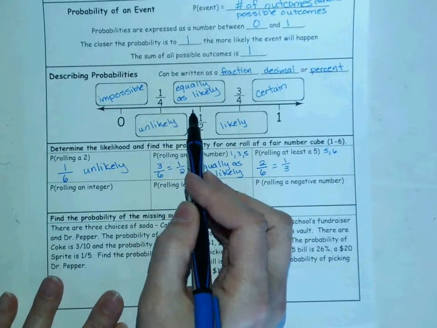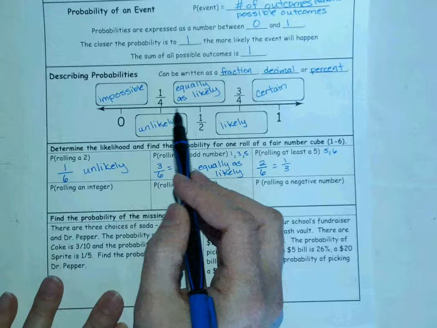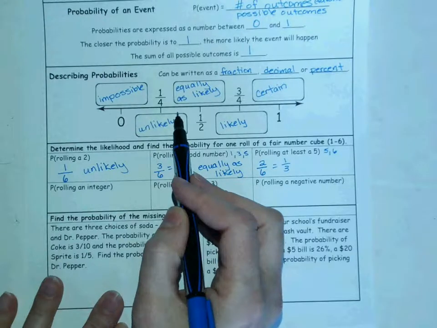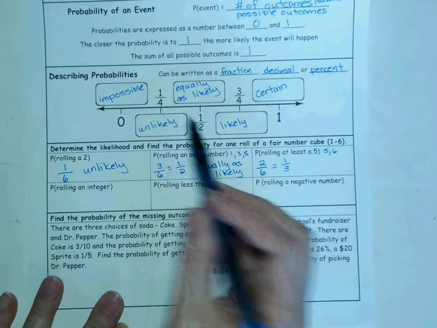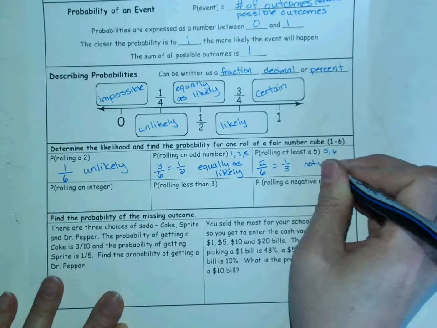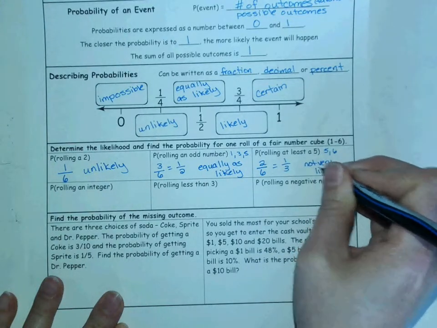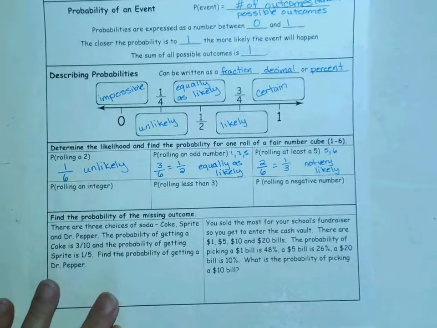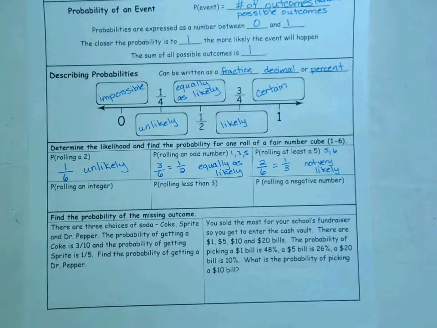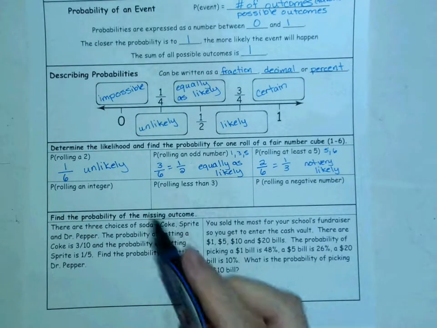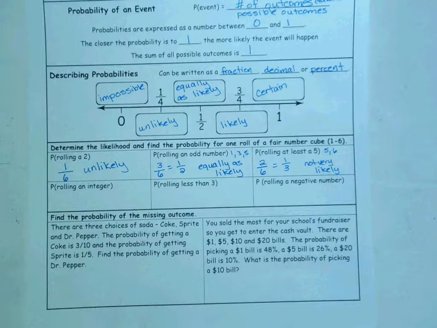So that would be somewhere between unlikely and equally as likely. It's closer to unlikely. I'd put it's not very likely, because 33% is closer to 25% than it is to 50%.